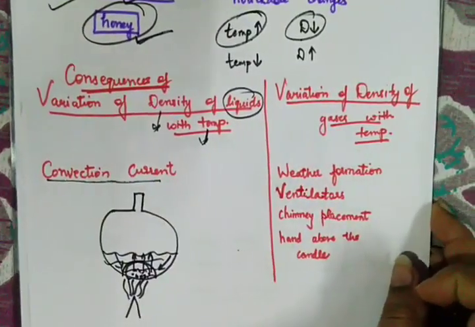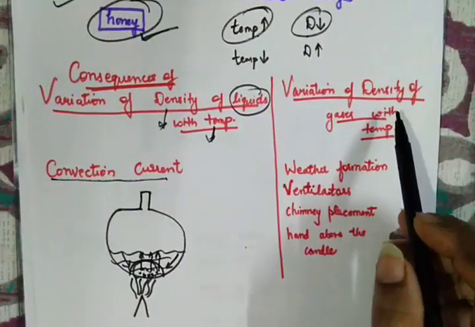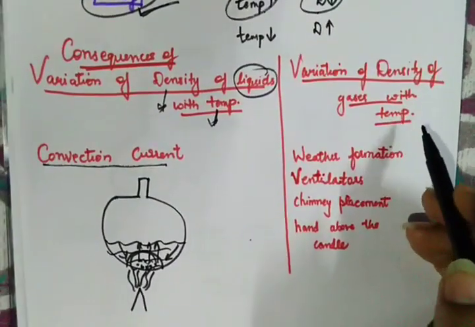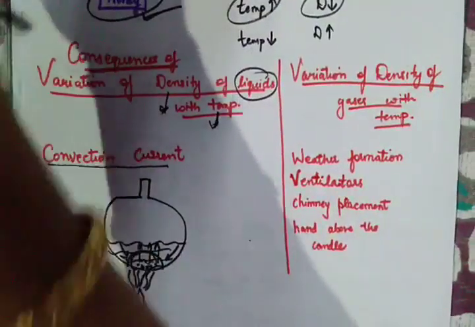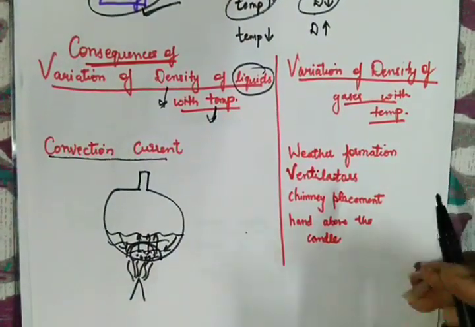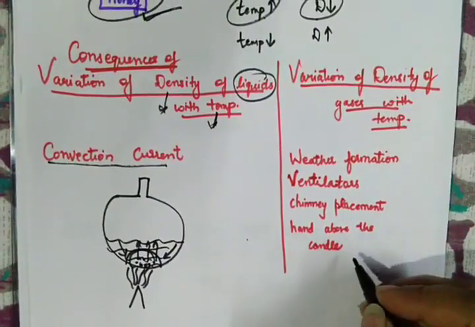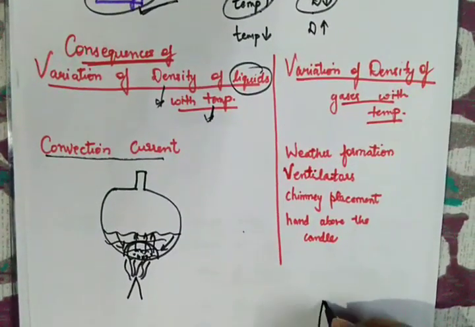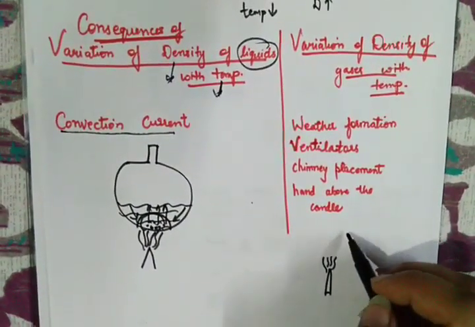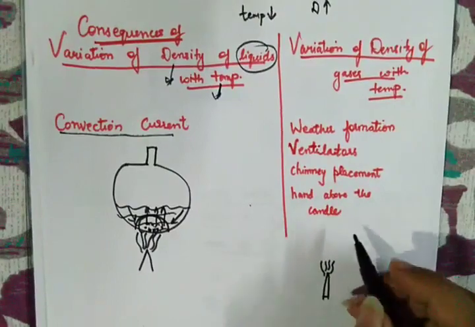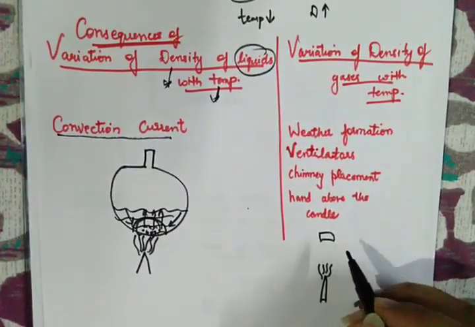Now let's see in the case of gases also. Variation of density of gases with temperature. Here also the same effect is there. Let's take first of all that candle experiment. Suppose you are having a candle and it is glowing. Have you ever seen, even if you place your hand a little above the flame, your hand can still feel the warmth?